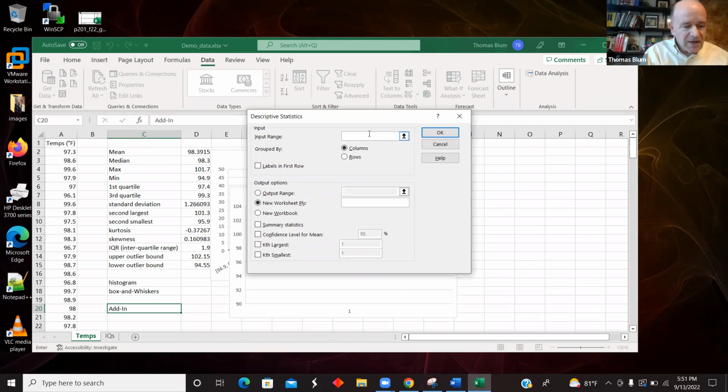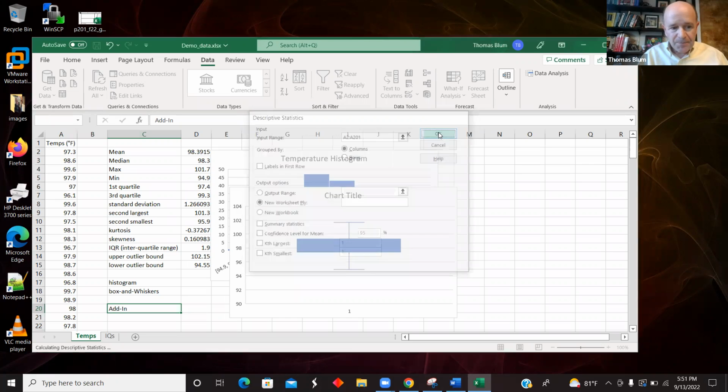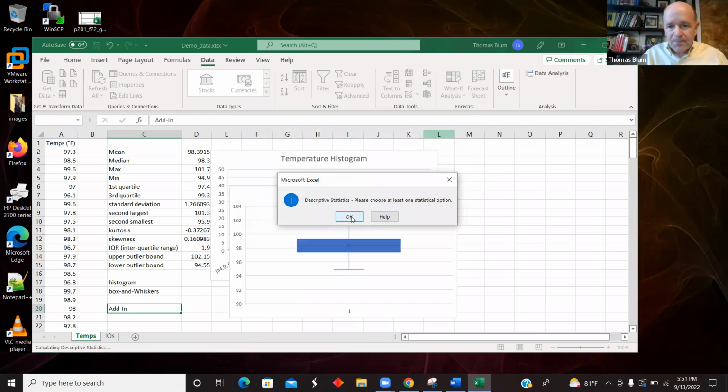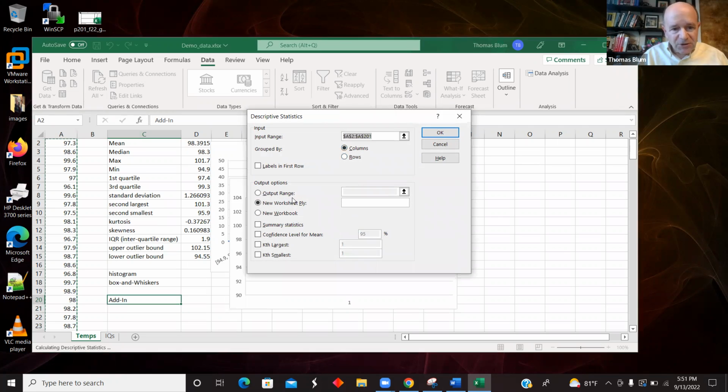I think it was A2 colon A201. I think I had 200. I'm grouping them all by the column, and it's going to put all the results on a new worksheet. And I can just say okay. Oh, please choose at least one option, summary statistics. There we go. Okay.